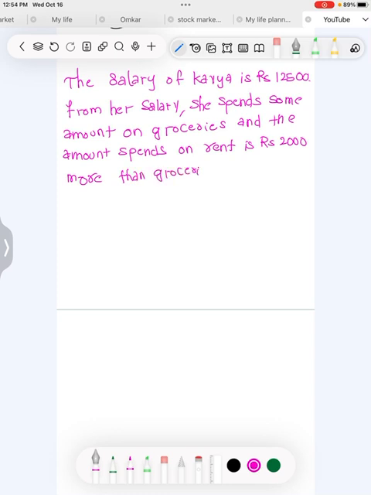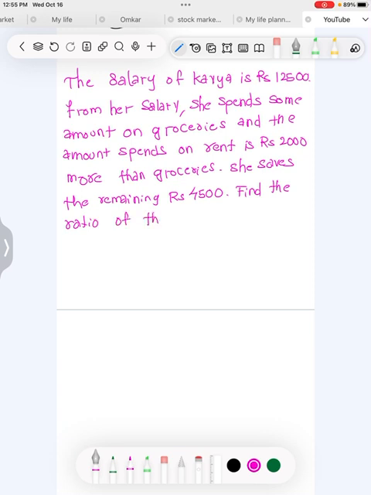She saves the remaining rupees 4500. Find the ratio of the amount spent on groceries and rent respectively.